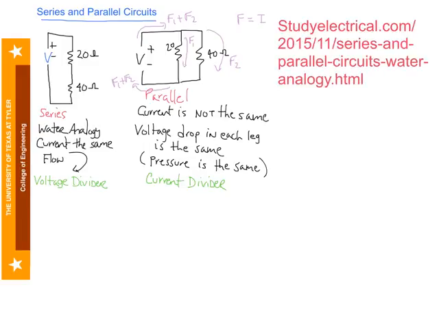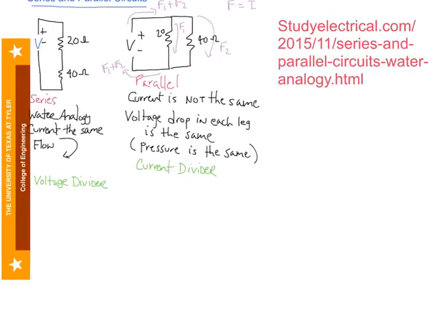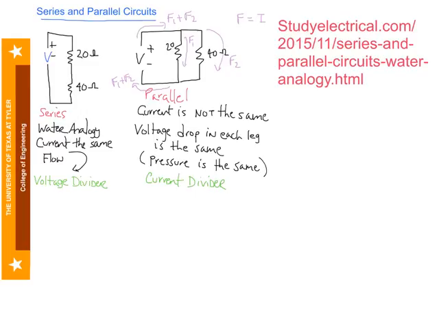So I'm going to explore a little bit more with these two circuits and look at the series one first and give you this comment here. We can add resistors if we want to know the total resistance in the circuit.